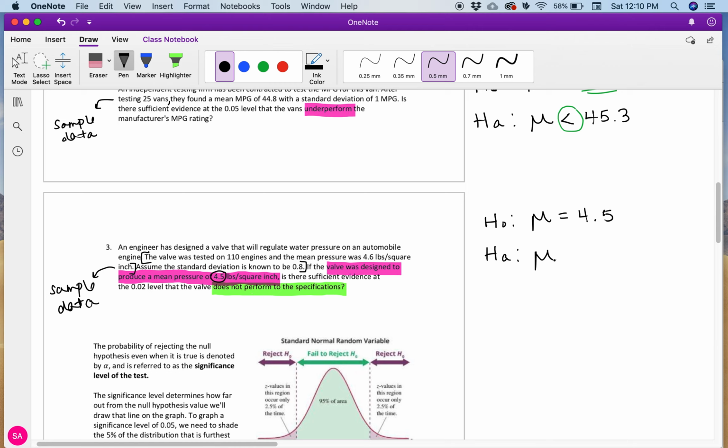So in that case, we just care about it being different from. And that's where we will use this not equals. Mu is not equal to 4.5. Is there just any difference, whether it's bigger or smaller? We don't care. We just want to see if it's different. Okay. So that's 3 examples on how to set up your hypotheses.